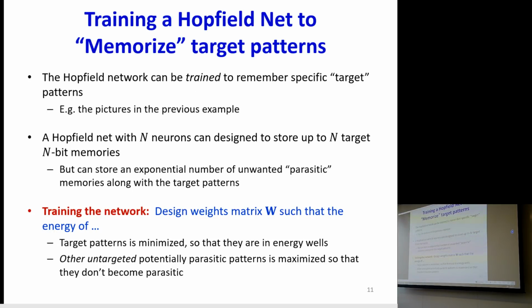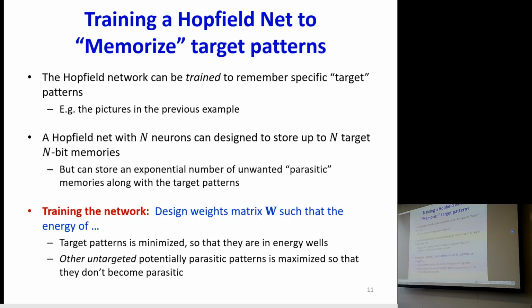Now, the Hopfield network can be trained to remember specific target patterns, like the pictures in the previous example. We've seen in the past couple of classes that if the network has n bits, then it is going to need n neurons, and this can be designed to store up to n target n-bit memories. What I mean by target memory is a pattern that I want the network to remember.